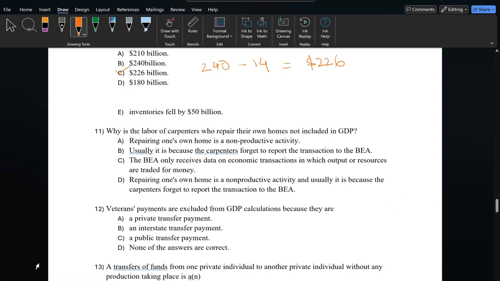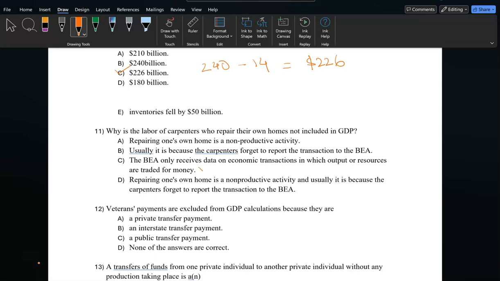Now let's take a look at question number 11. So this one says, why is the labor of carpenters to repair their own homes not included in GDP calculation?